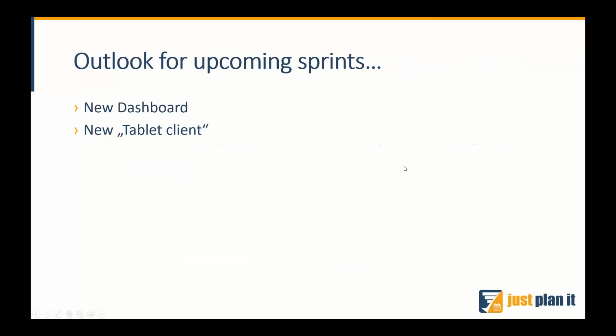We are currently working on two major topics, and they really are major. Therefore, I cannot promise that both will be released with the next sprint. It's most likely that we will need two sprints for that. But what's on the roadmap?